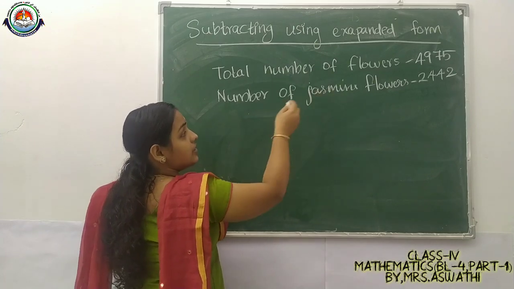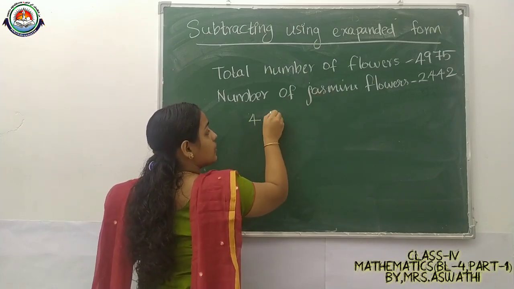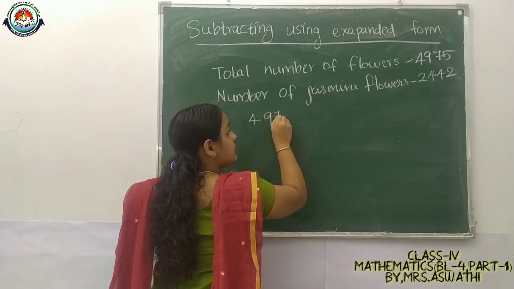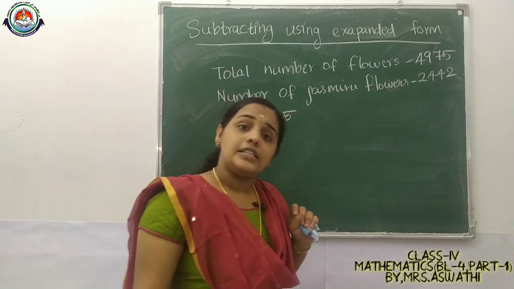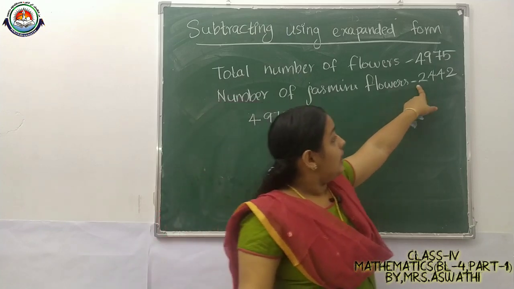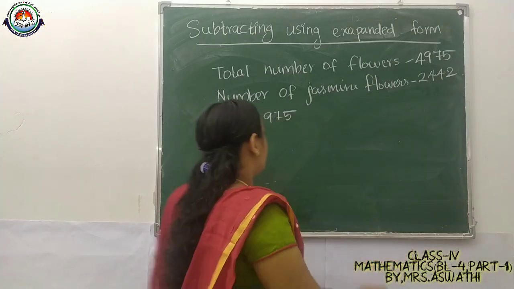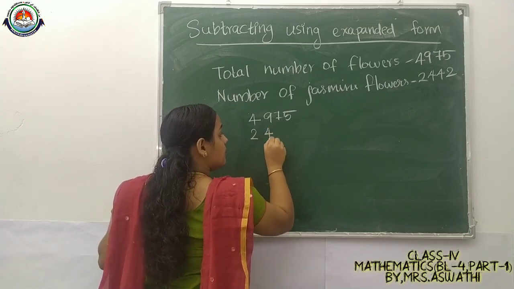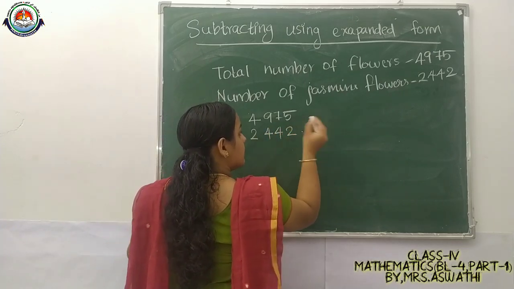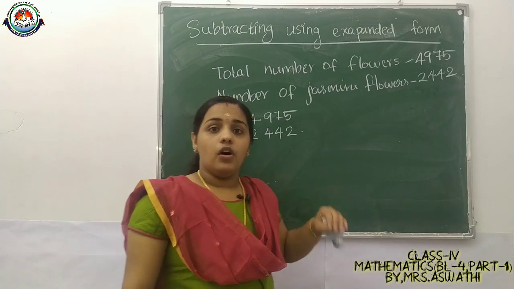How many total flowers? 4,975. Then, how many jasmine flowers are there? 2,442. So, we write this number below.